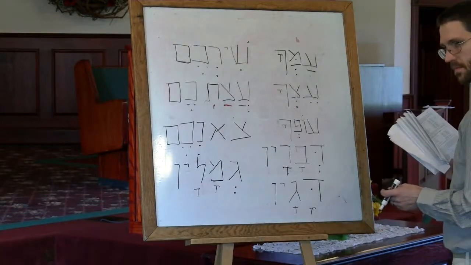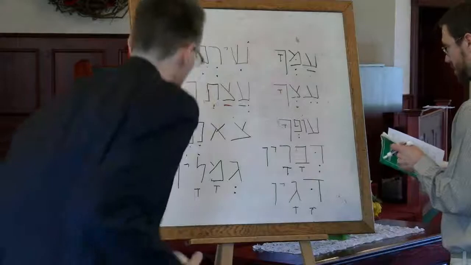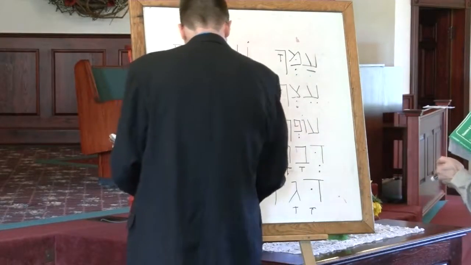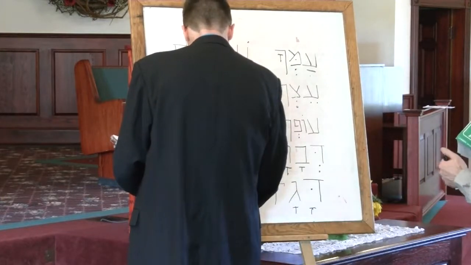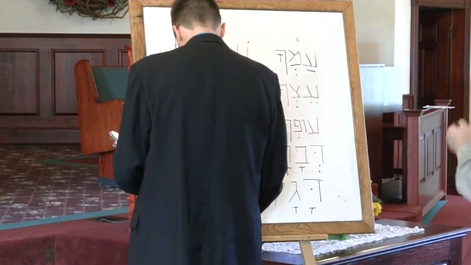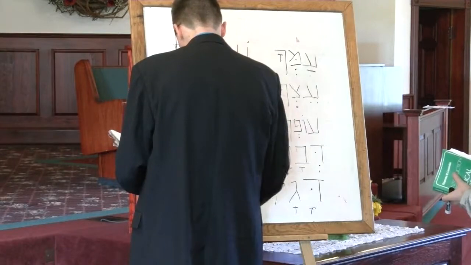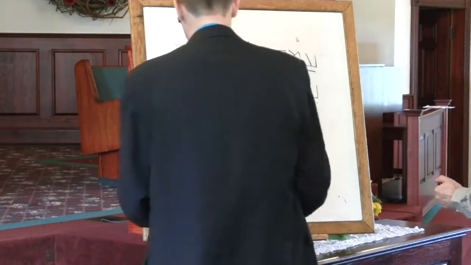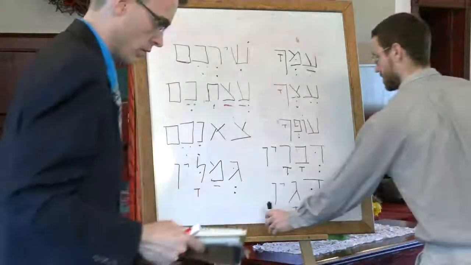I don't remember what lesson it is. We're out of time, but Gamal in the plural becomes, well, there's a dagesh in there. Gamal. So it's going to be Gamal Lai. But that's just because Gamal is a little bit irregular.